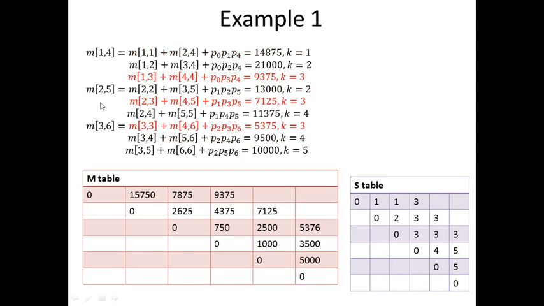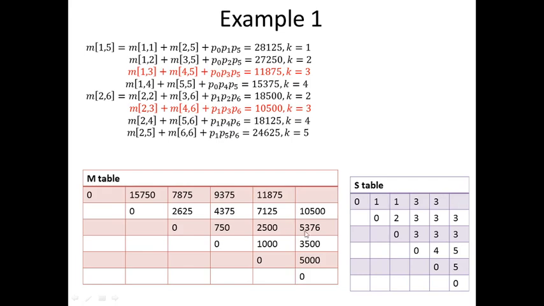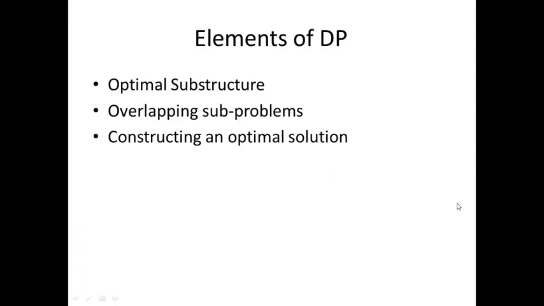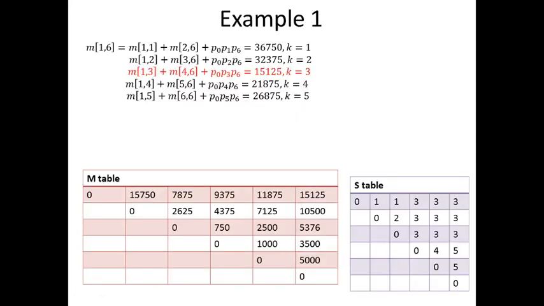And M14, M25, M36 are built systematically like this, and the final answer will be this cell, M16. You have many splitting values, k equal to 1, 2, 3, 4, 5, all of which you have to compute, and with k equal to 3 you can do the optimal parenthesization.